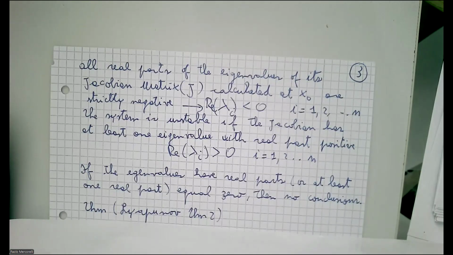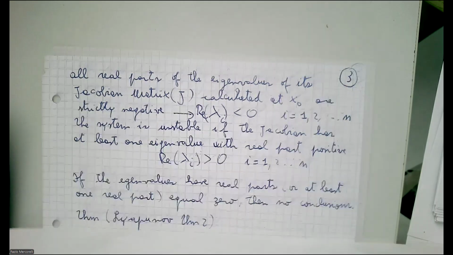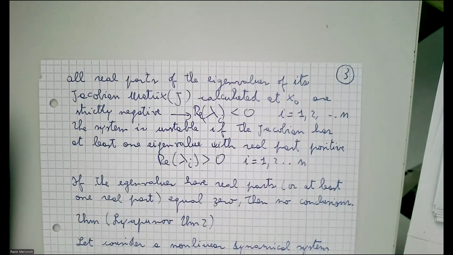If we have at least one real part equal to 0, we cannot conclude anything. Anyway, the demonstration is a little bit articulated. You can find it in some books, but I don't have time to attack this demonstration.